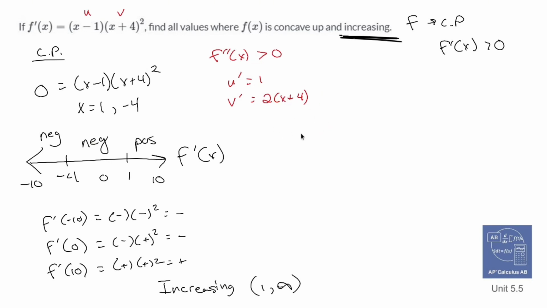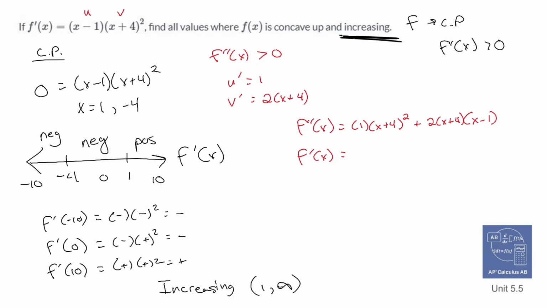All right, so f double prime of x is going to equal u prime v, which is 1, times x plus 4 squared, plus v prime u, so 2 times x plus 4, times u, which is x minus 1. Ugh. All right, so I'm probably going to have to do some foiling.